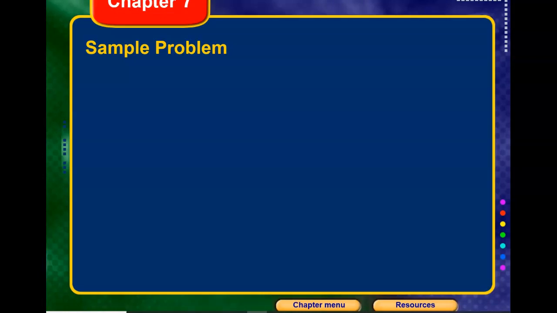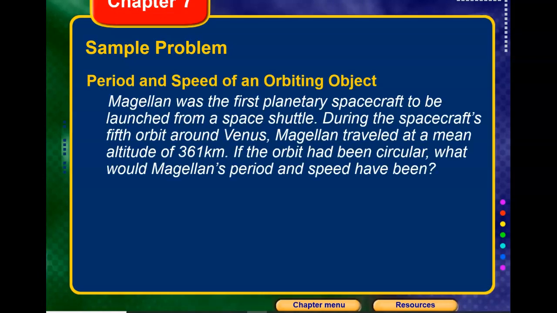So we're going to do a problem here to show you how this works. We're going to look at the orbit of Magellan going around Venus. Magellan traveled at an altitude of 361 kilometers. If the orbit had been circular, what would Magellan's period and speed have been?